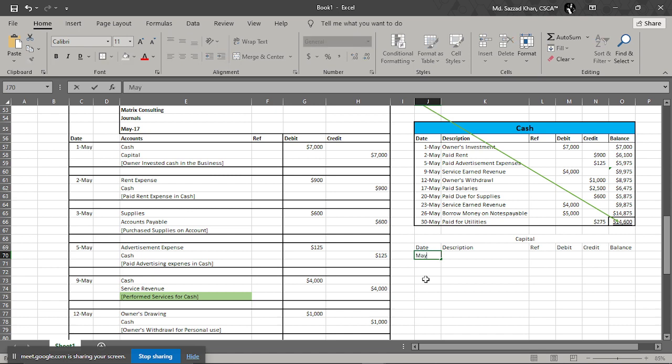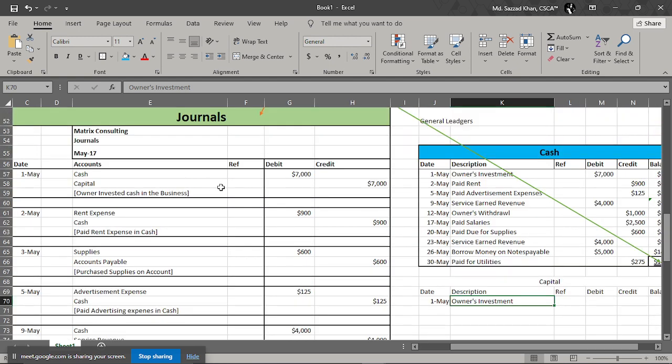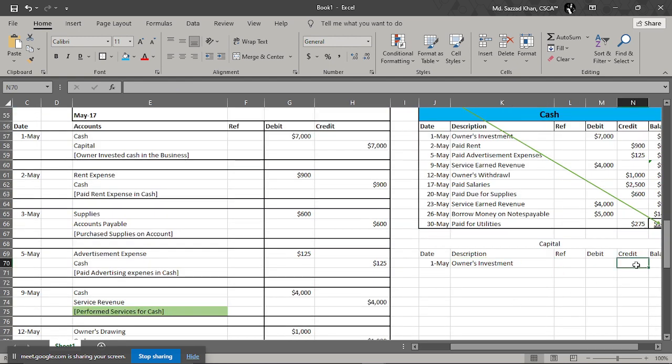For the capital account, we see here, yes, there has been a transaction on May 1st. Description was owner's investment. How did it affect the account? Capital was credited, right? Credited by how much? 1,000.